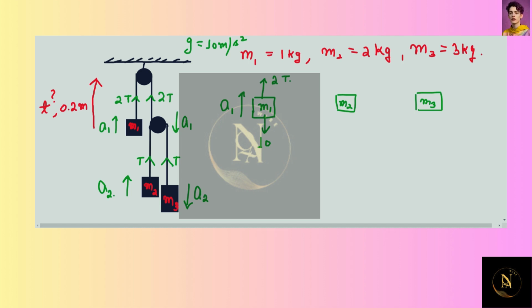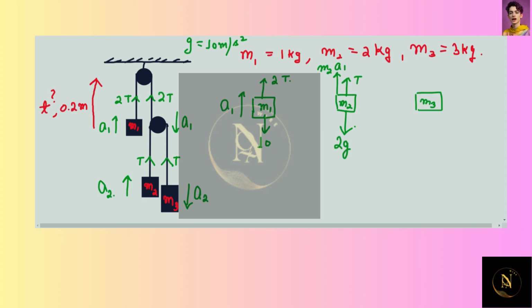So on M2, what all forces will be acting? Let us indicate that. There will be a tension force T, and then there will be a pseudo force with reference to the pulley moving down. So on M2, there will be a force M2 times A1, and the weight will be acting, that will be 2G.